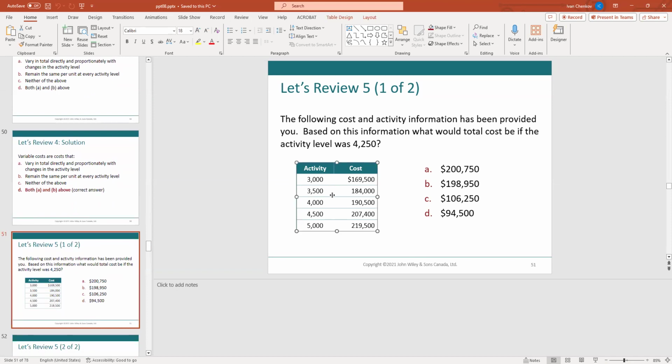So in order to solve this question, let me copy this question and let me use the Excel spreadsheet. I'm going to open the Excel spreadsheet and transfer everything there.